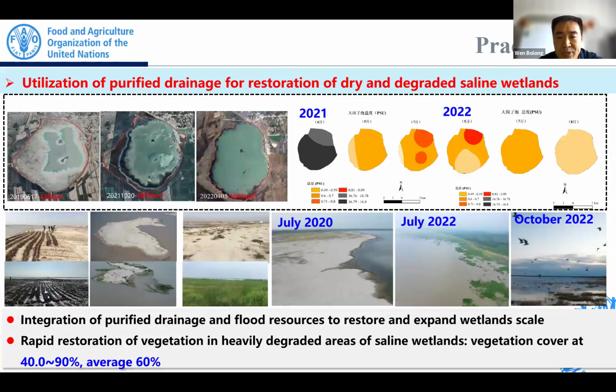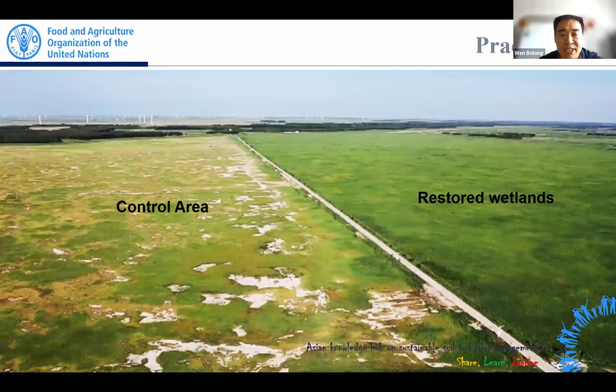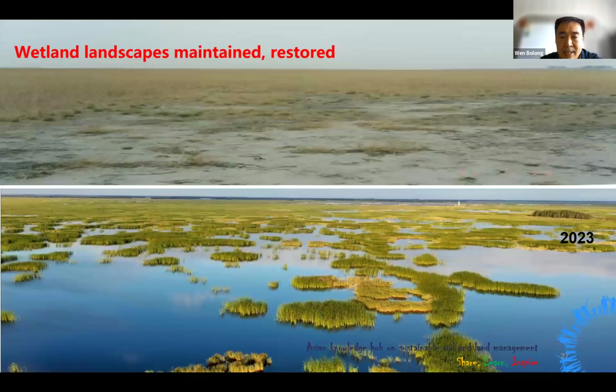Another practice is to use the final tailwater to restore wetlands that have been degraded due to drying, with hydrological regulation and vegetation restoration technologies. As you see from this picture, the recovery effect is very encouraging. The whole wetland landscape is maintained and restored.